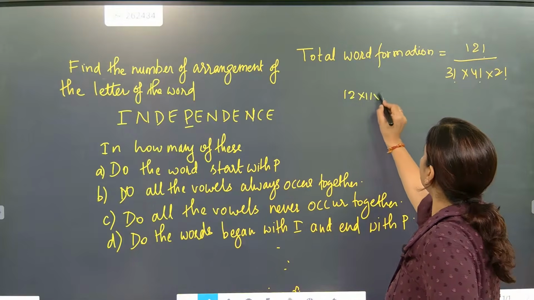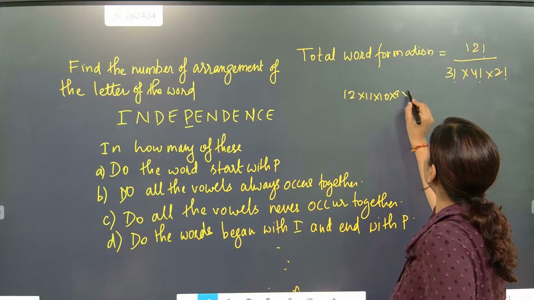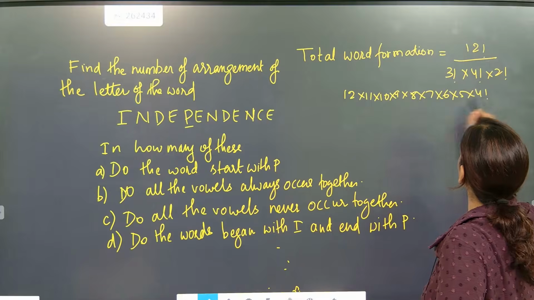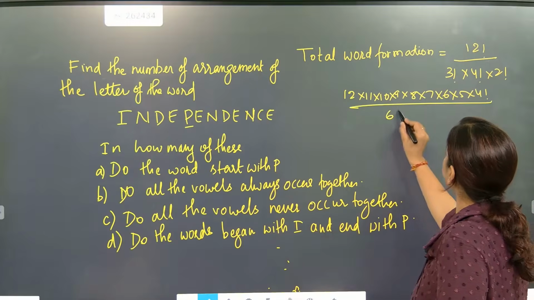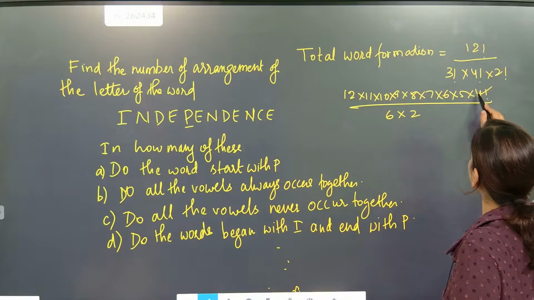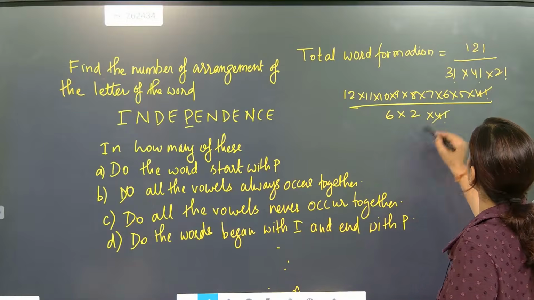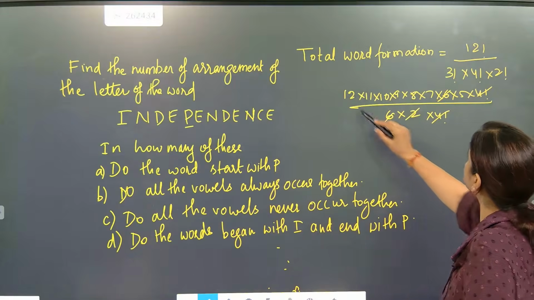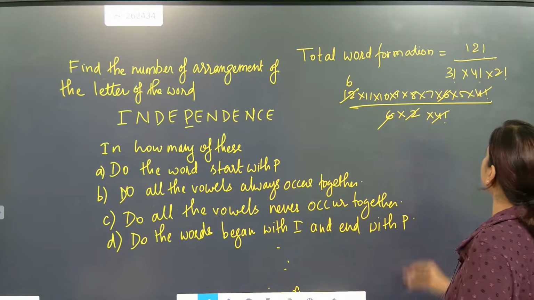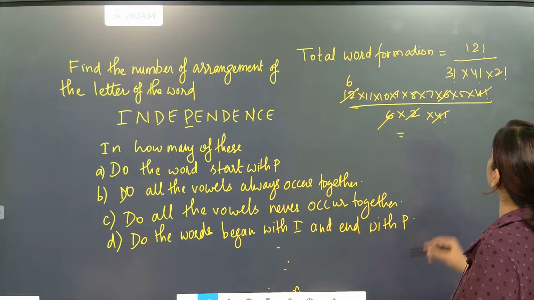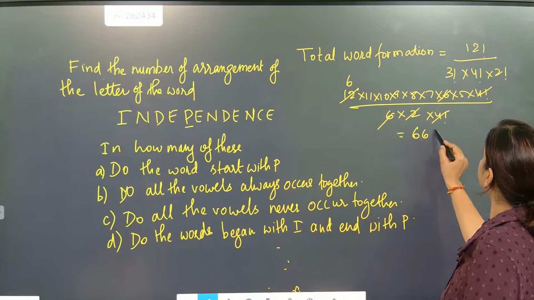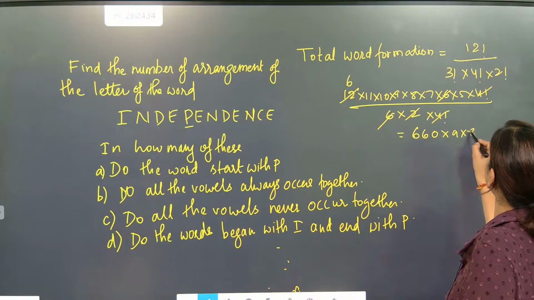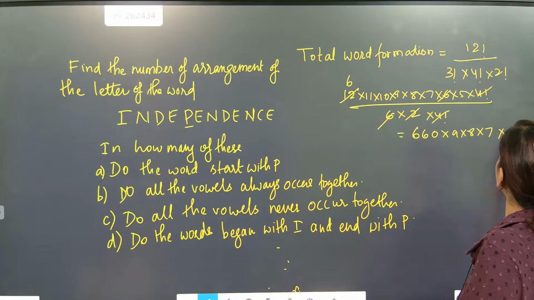So 12 into 11 into 10 into 9 into 8 into 7 into 6 into 5 into 4 factorial, divided by 3 factorial into 4 factorial into 2. The 4 factorial and 4 factorial get cancelled. Now 6 and 6 get cancelled, and this part cancels with 6. So the total value comes as 660 times 9 into 8 into 7 into 5.